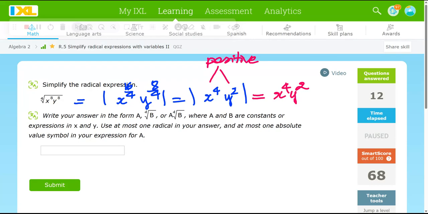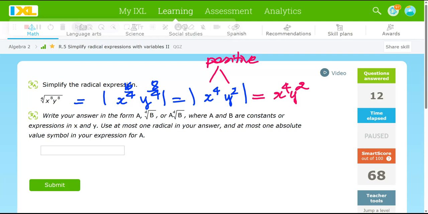X to the 12 you divide by 2 because this is square root. X to the 1 you cannot do anything, so it's still there. So now absolute value of 19 and x to the 6 and then square root of x. 19 is always positive. X to the 6, is that also always positive? And then square root of x is always positive. That is your final answer.